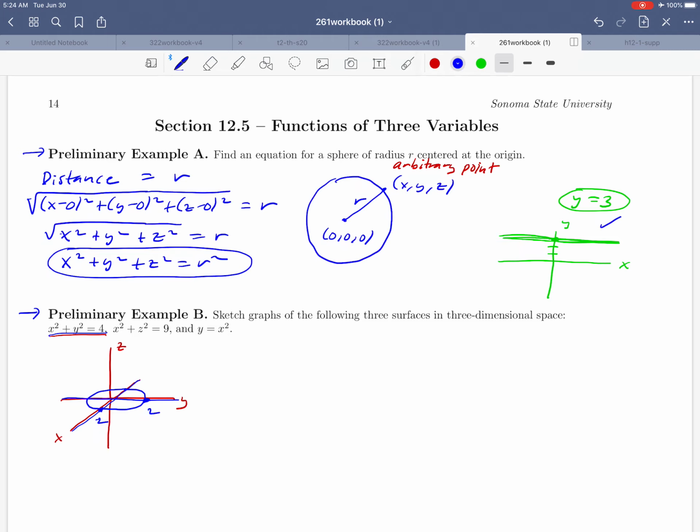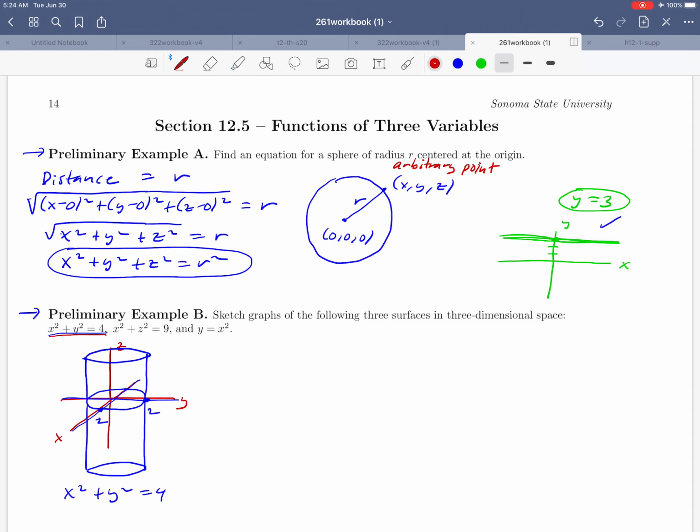So this circle is going to stretch into a cylinder, if we move up and down, because z can be anything. So there is the graph of x squared plus y squared equals 4. It's a cylinder centered along the z-axis that has a radius of 2.